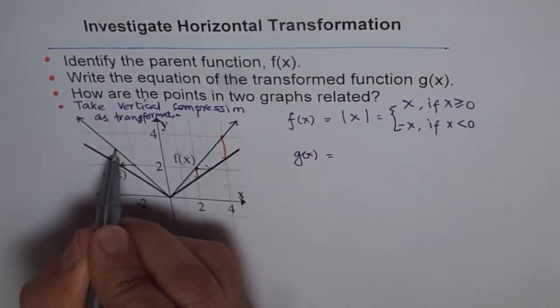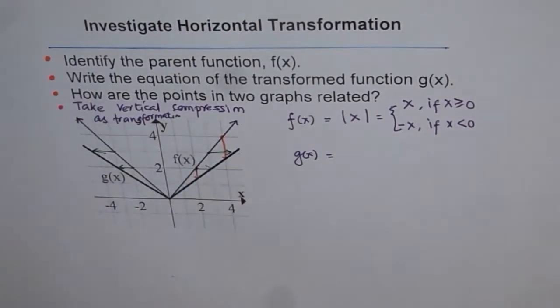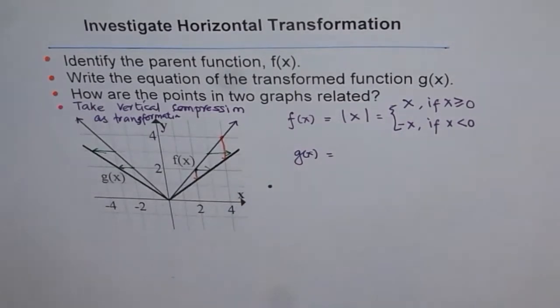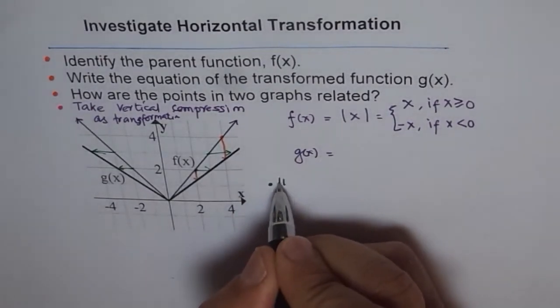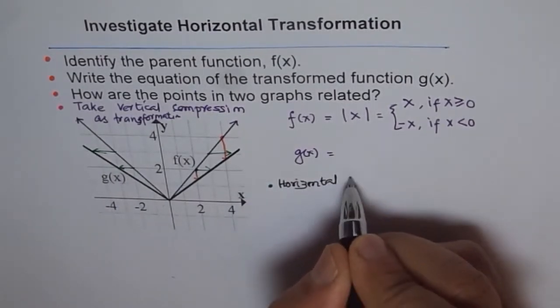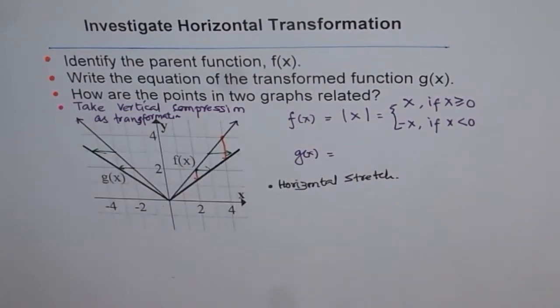This outward movement is my horizontal stretch, just pushing it outside. So I say, well, my transformation here is, now let me write down that transformation which I'm looking at, horizontal stretch. So the transformation is horizontal stretch.